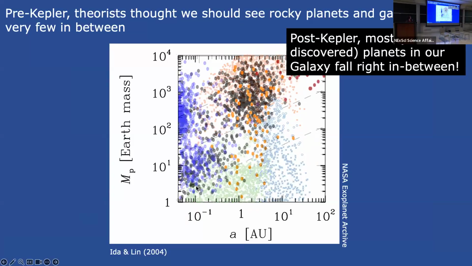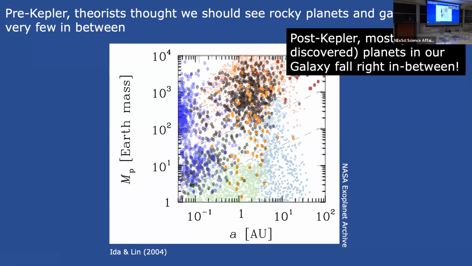And then Kepler came along and found that actually most, like 80% or so, of the discovered planets fill right in that gap. And we call them super Earths or sub-Neptunes. We used to use those two terms interchangeably, and we now know that they're separate. But in any case, they really fill up this gap over here, and it'll look much more obvious if you look at radius instead of mass.